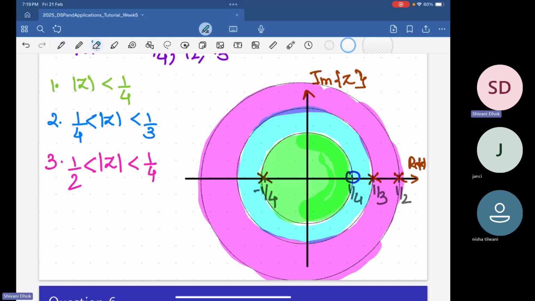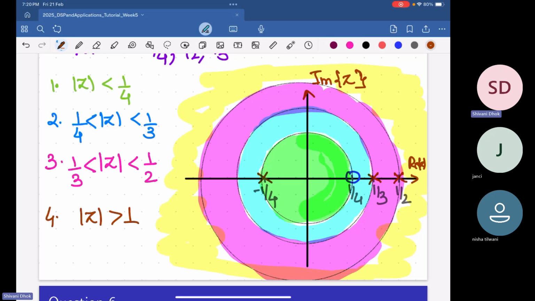Oh, I have written everything the wrong way around. 1 by 3 is smaller. Yeah, this region. And the last option that we have is this one, that is anything outside this part. So this one, the fourth region that we have is mod of z greater than half.